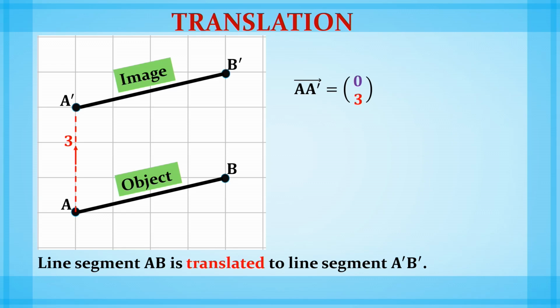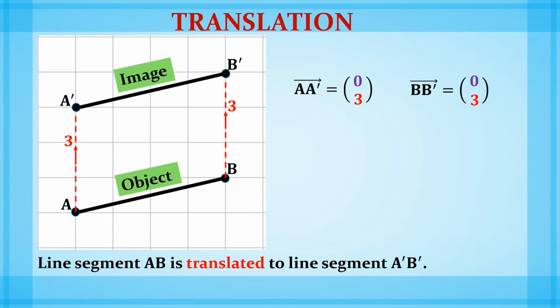Similarly, we can express the vector BB' in column form. Here again, there is no horizontal movement, which means the horizontal component is 0 and the vertical movement is 3 units upwards. Thus, the vertical component is 3.